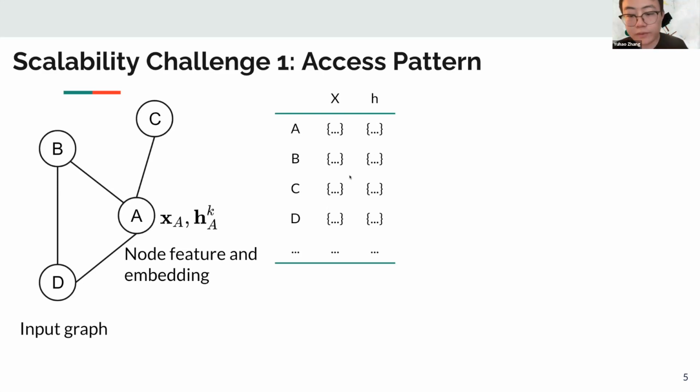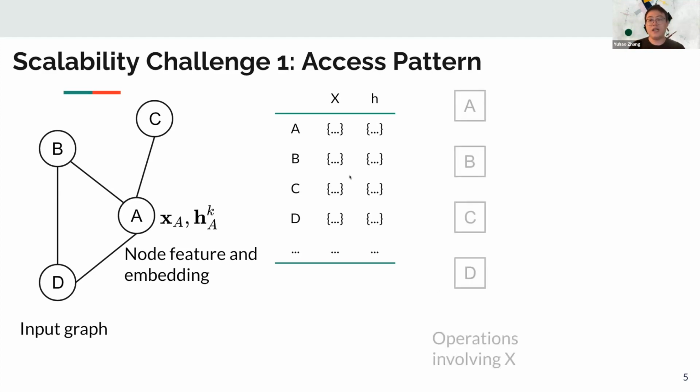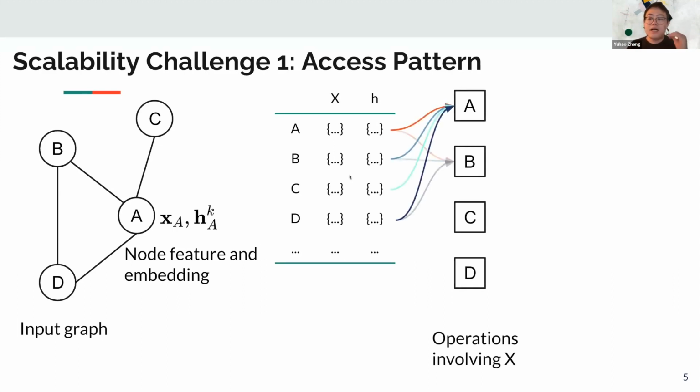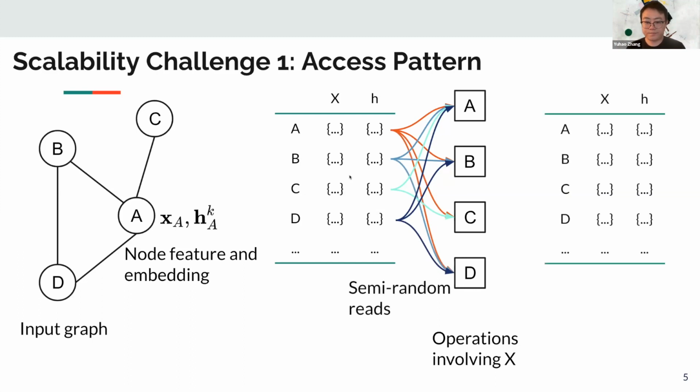It's very simple. However, with GNNs, we actually end up with these semi-random reads. It's scatter pattern to be precise, which depends on the input graph structure, which is very hard to predict, followed by these sequential writes. This is also very different from the regular deep learning data access pattern.